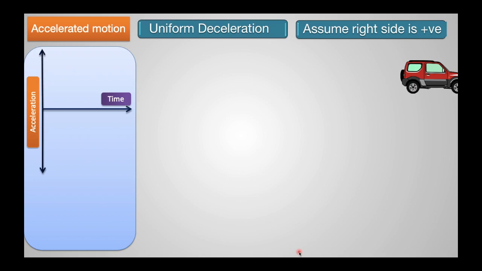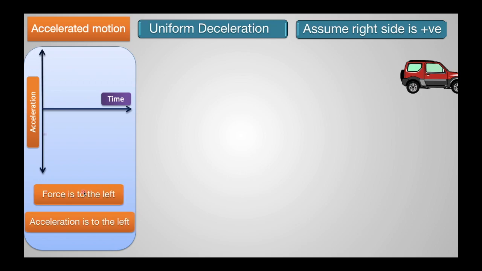If the car is going to stop, the resultant force is acting against the motion. So if the car is moving towards the right side, its resultant force and its acceleration are towards the left side. That's why it's stopping, because it experiences a force against its motion. If you take right side as positive, the acceleration which is acting towards the left side should be negative.